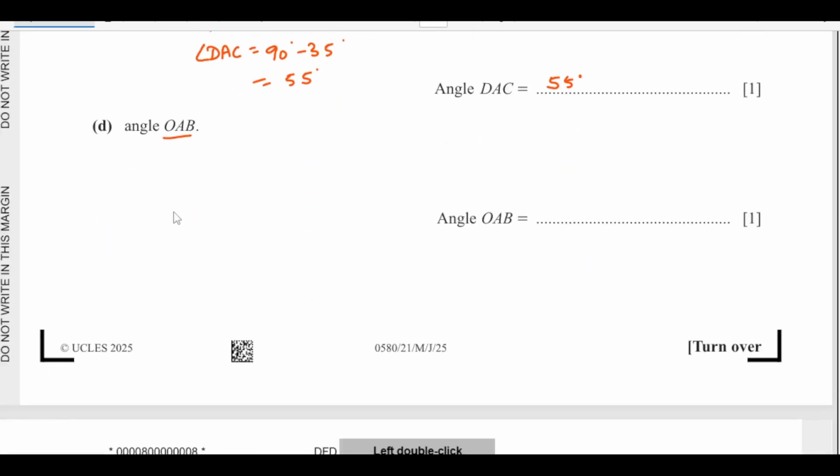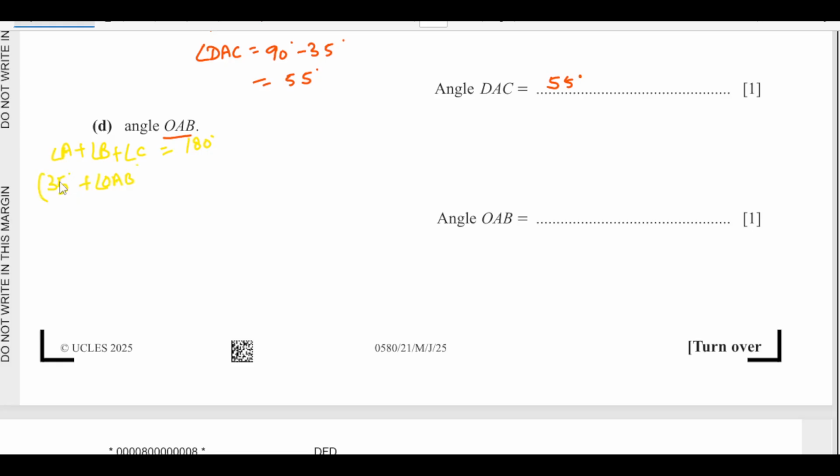So, angle A plus angle B plus angle C is 180 degrees. Angle A is 35 plus angle OAB.